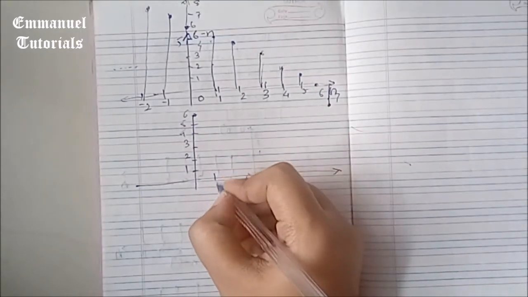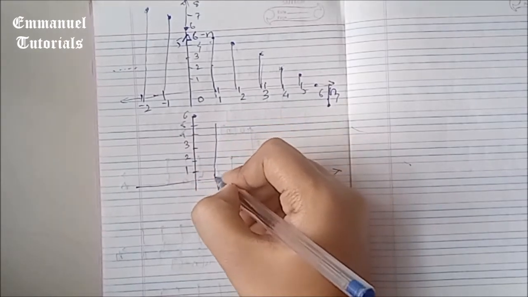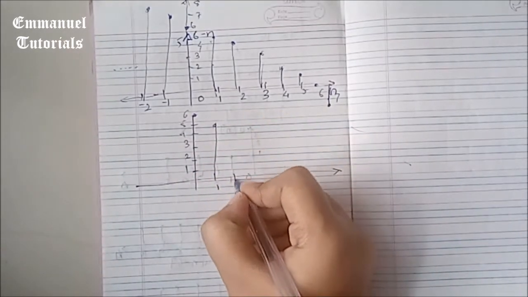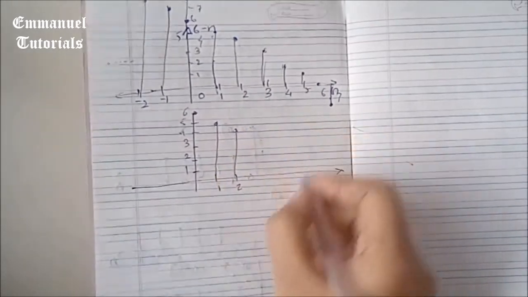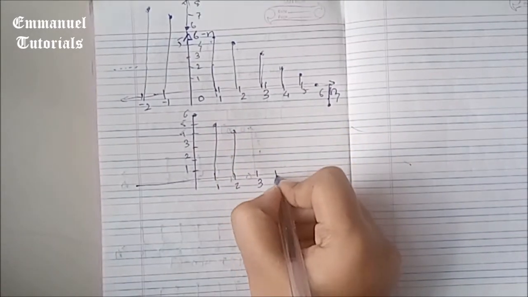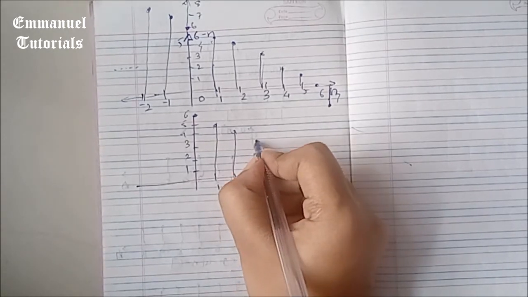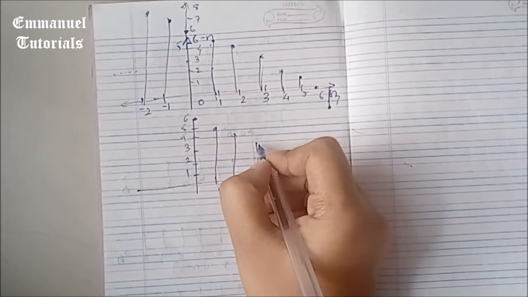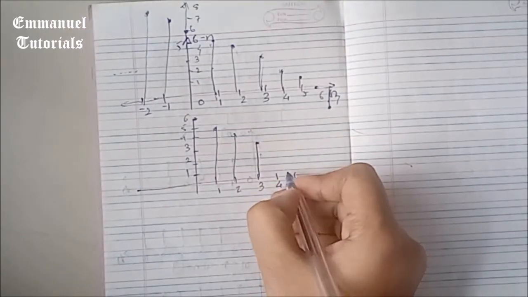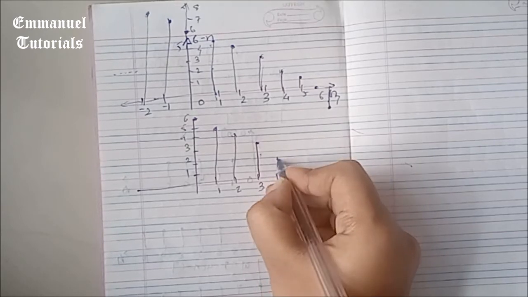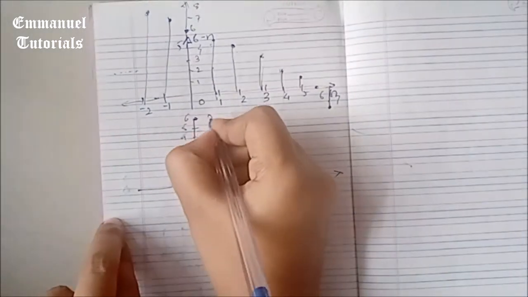At 1, the amplitude of the signal is going to be 5. At 2, the amplitude of the signal is going to be 4. 3, 4, 5. 3, 2, and 1. This is the resultant x of n.